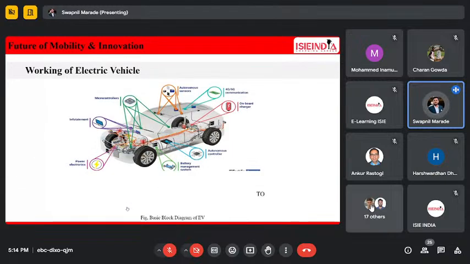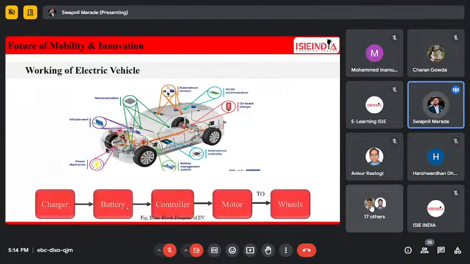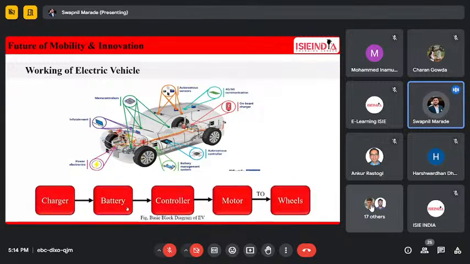We all know the structure of an electric vehicle, but we need to understand it with the help of a block diagram, like how the components are located and how electricity flows. First is the charger. The charger charges the battery. The battery transfers power to the motor with the help of the controller.